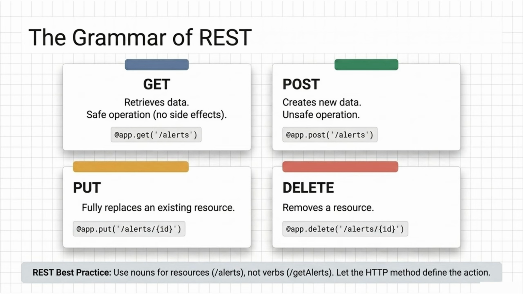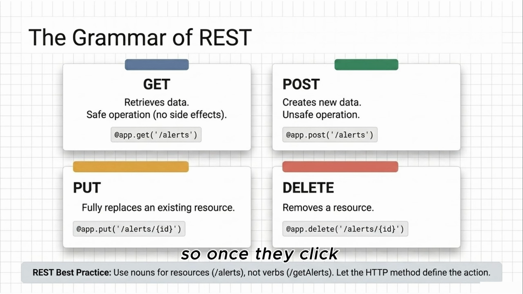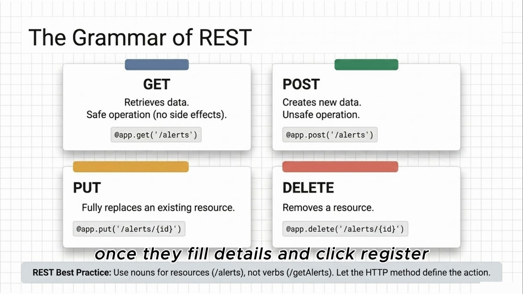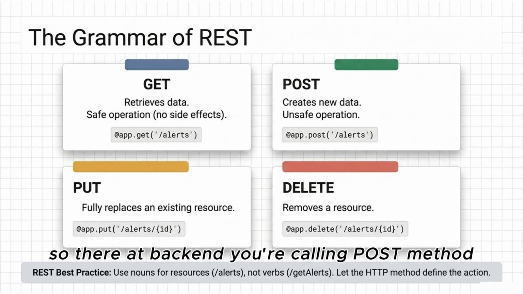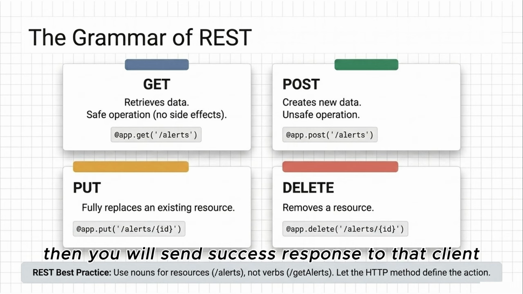For example, you have a registration form and someone is registering. Once they fill in details and click register, at the backend you call the POST method and send that data to the DB, and if the DB insertion is successful, then you send a success response to the client.